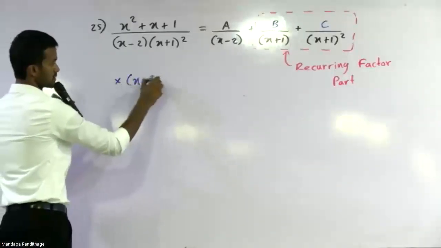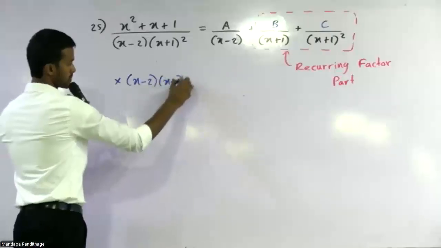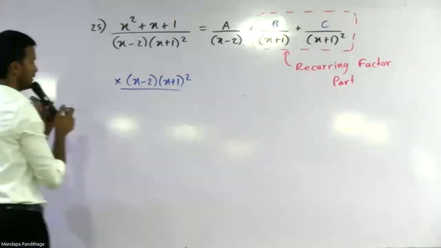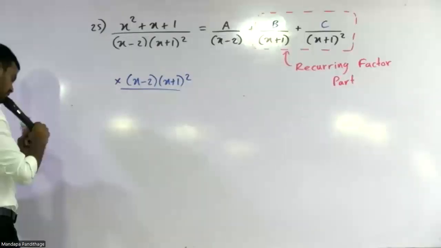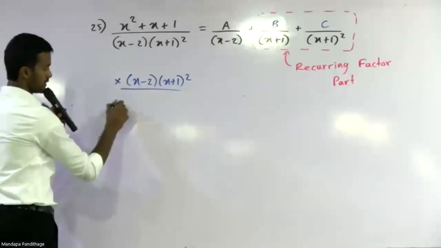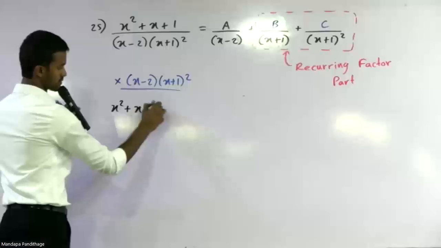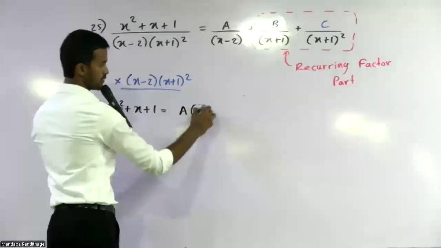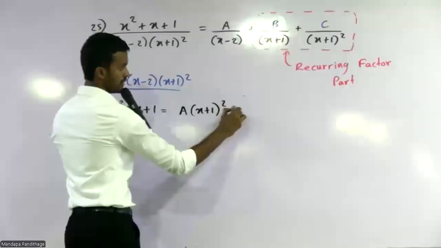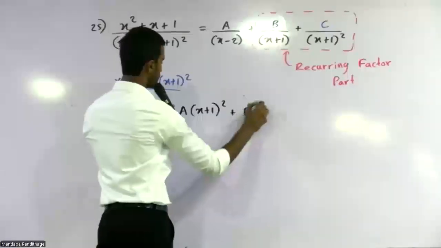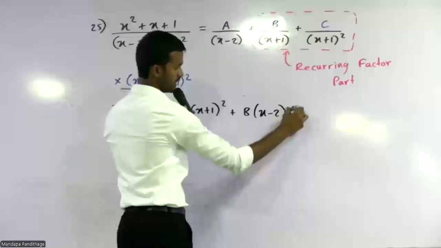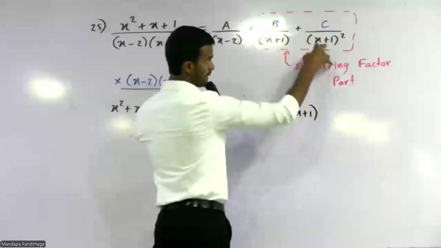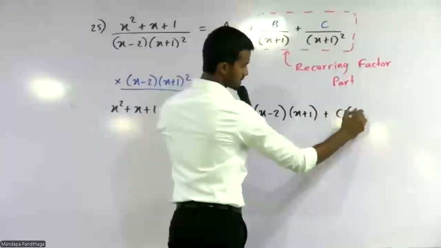Multiply by x minus 2, x plus 1 squared. And then you get x squared plus x plus 1 is equal to a, x minus 2 cancels off with x plus 1, and so on.